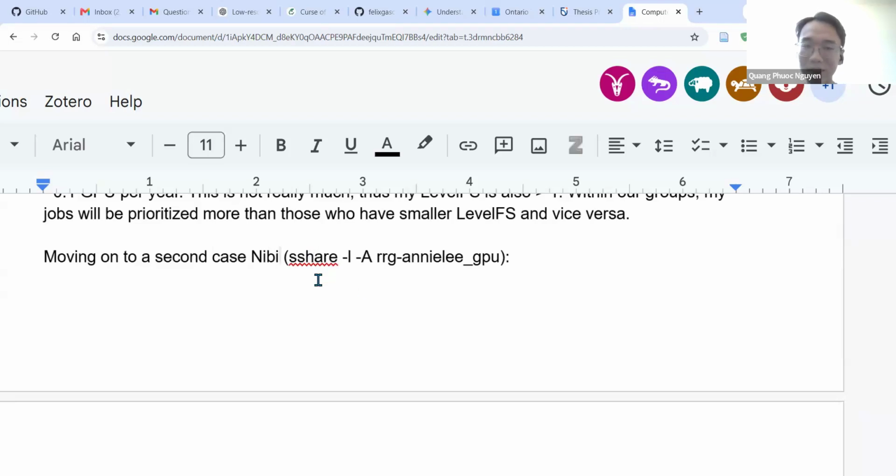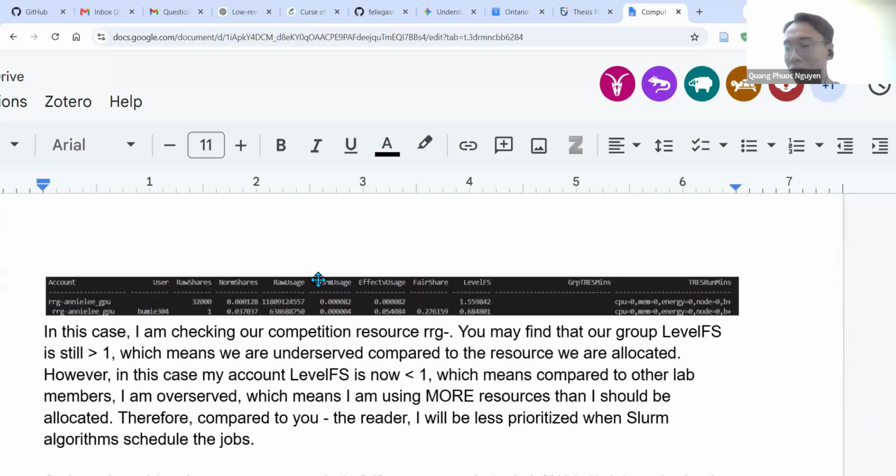So in the NIBI cluster, we have access to H100 GPUs, and we also have RAC, the resource allocation competition, winning GPU years that Prof and we have prepared the proposal and got the computing resources.